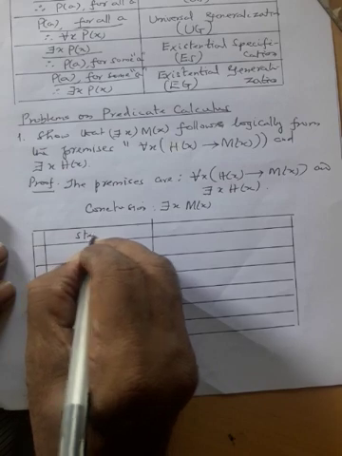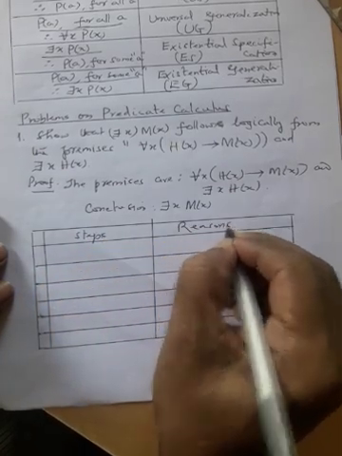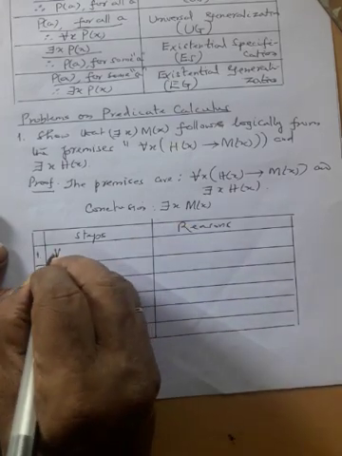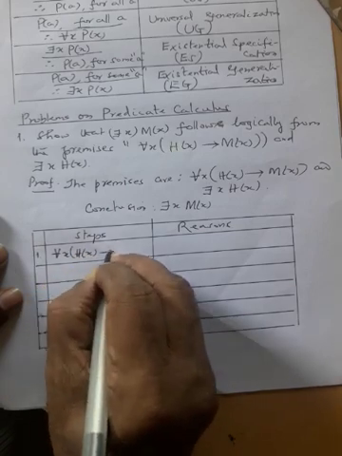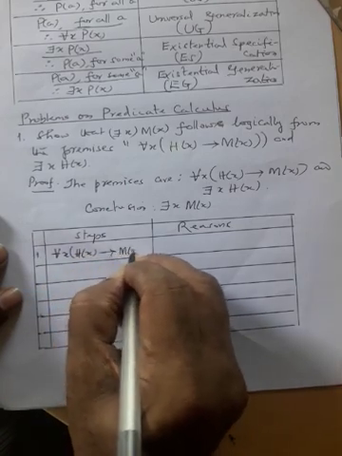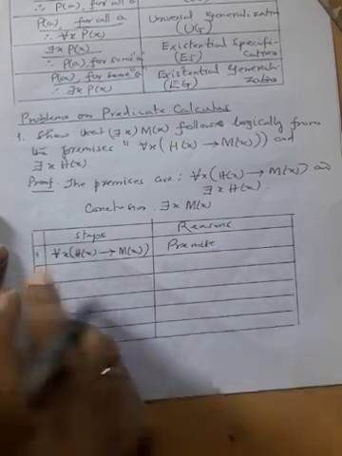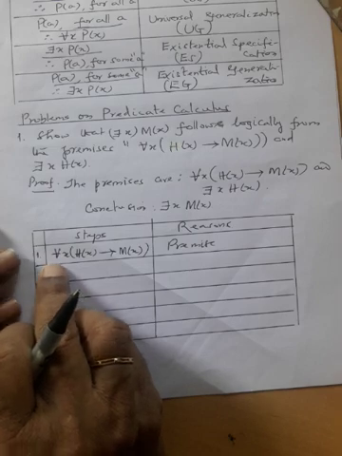So the proof goes like this: steps, reasons. First step, for every x, if H of x then M of x, premise. For every x means this is a universal quantifier.